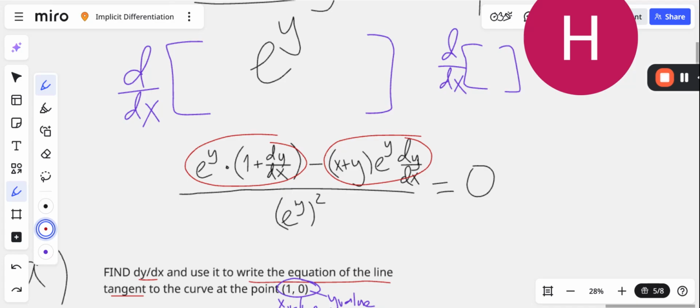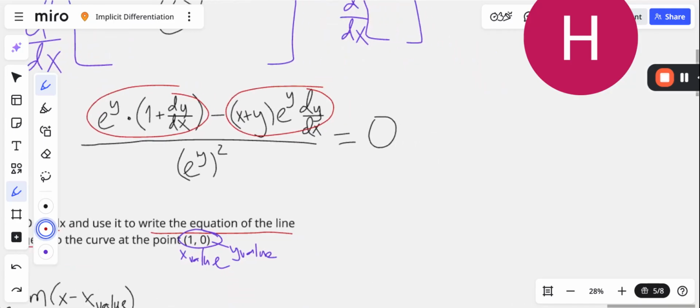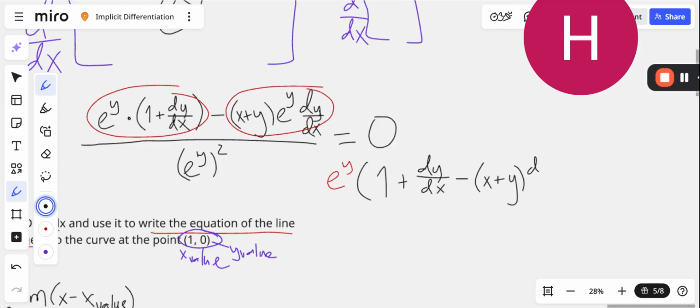Okay, so let's take a look at what's going to happen there. When I factor out e to the y, that's going to leave me with 1 plus dy dx minus x plus y times dy dx. And on the denominator, we have e to the y squared.